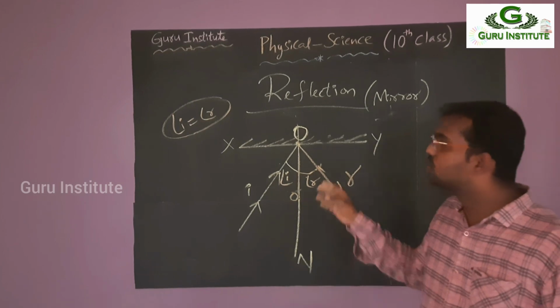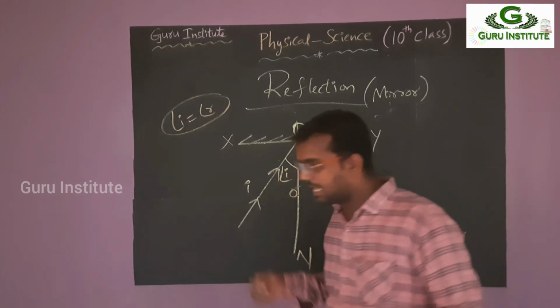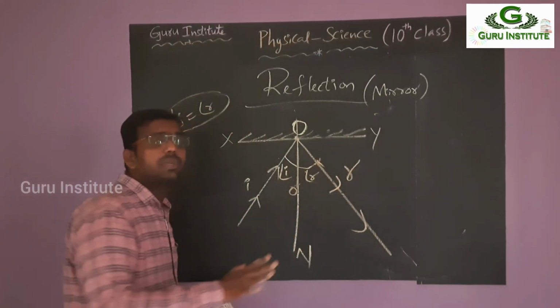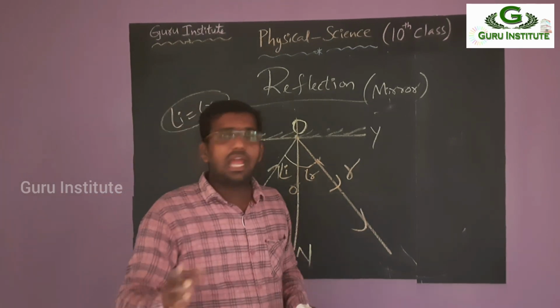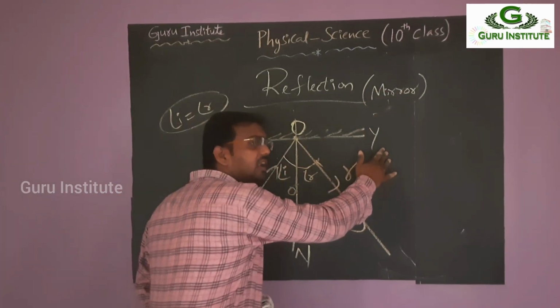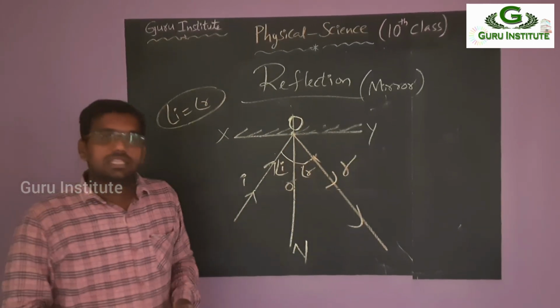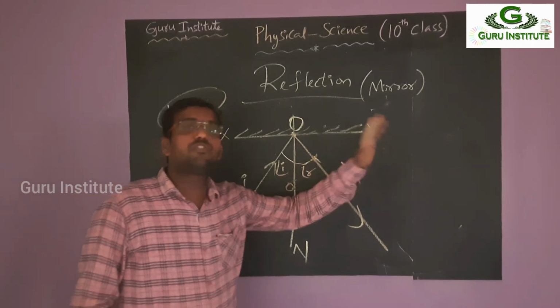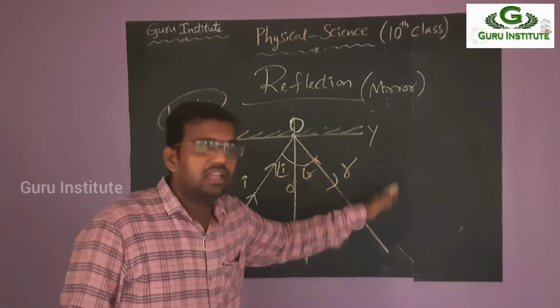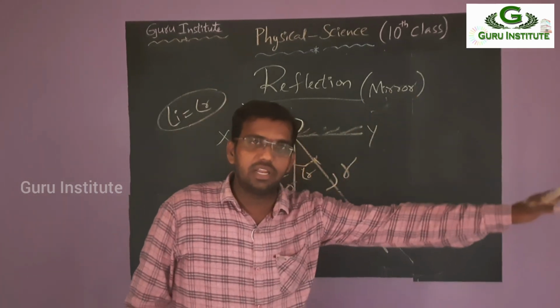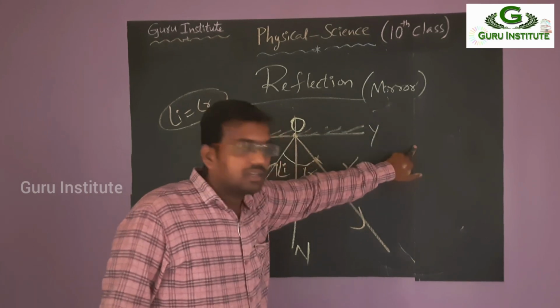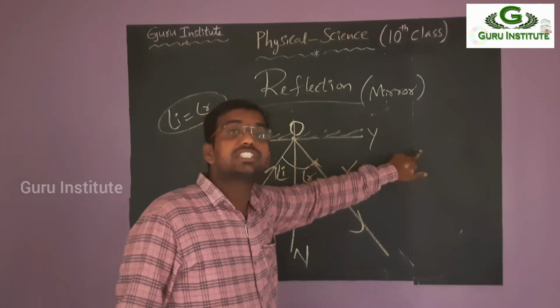Now we go through a one minute review of this class. Totally, reflection means the return back property. A light ray falls on any object and it returns back. That is known as the reflection property. The falling ray is called the incident ray and the returning ray is called the reflected ray. The point at which the incident ray falls is called the incident point.